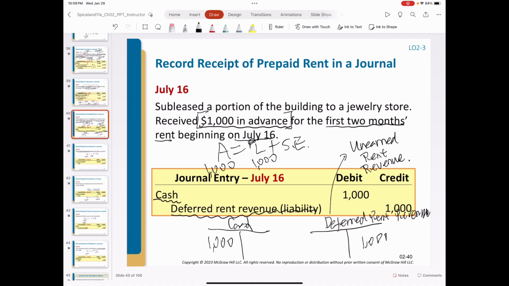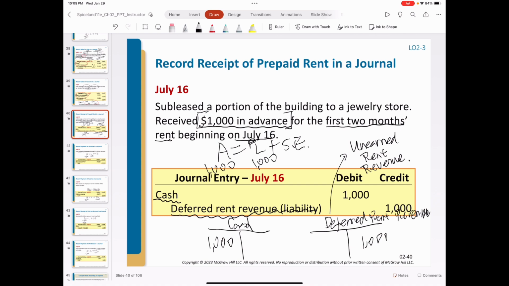This $1,000 cash receipt was not recorded as revenue. Instead, it was recorded as deferred revenue on July 16 when the company received this payment from the jewelry store. We did record the cash inflow by debit cash $1,000, but we didn't recognize the revenue for this company.